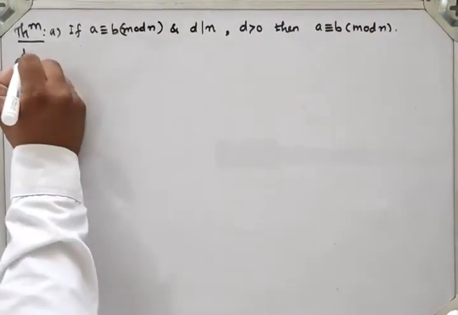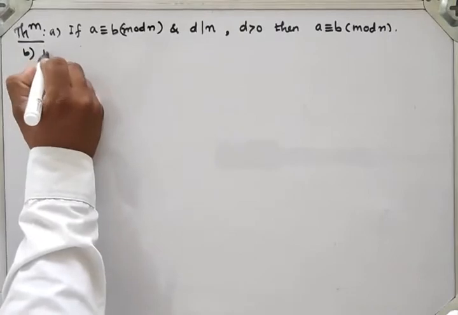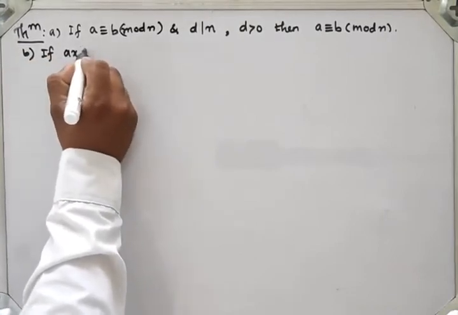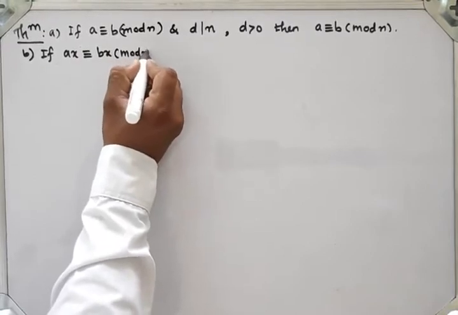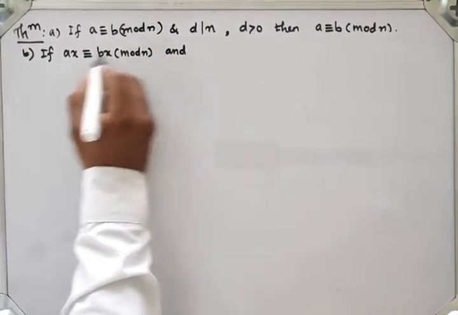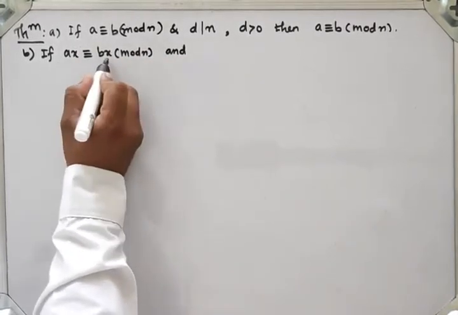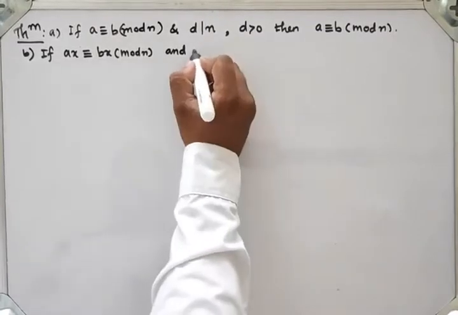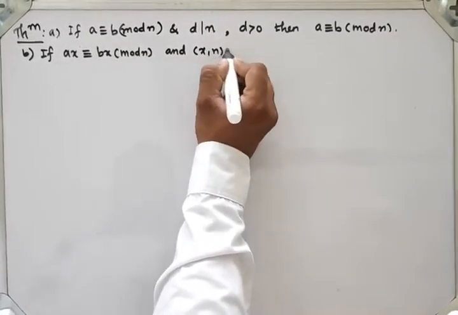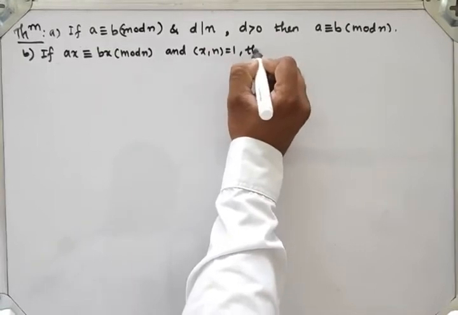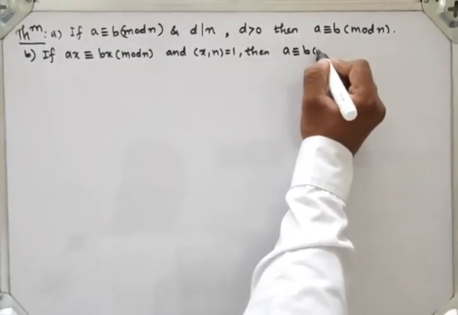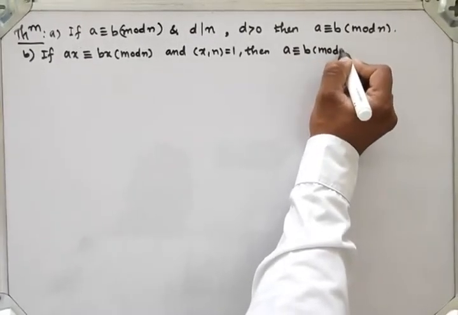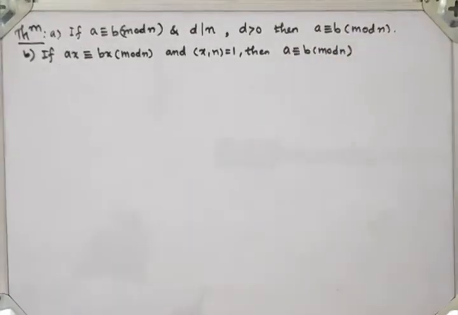Second, if ax is congruent to bx modulo n and GCD of x and n is 1, meaning x and n are relatively prime, then a is congruent to b modulo n.